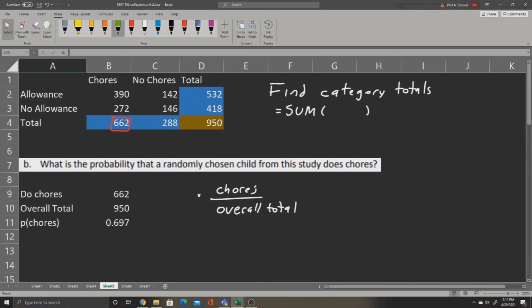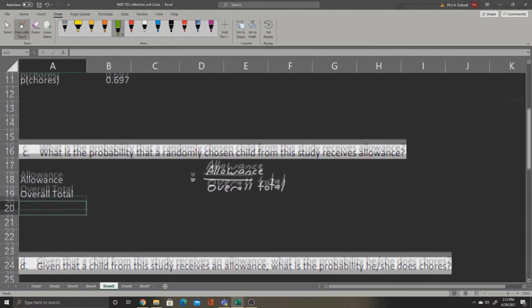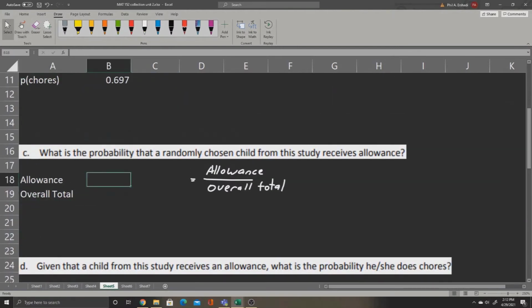Our category total for allowance is located in row 2. That will be 532, which is across from the word allowance. As before, our overall total is in the gold box, 950. We enter 532 for the allowance and 950 for the overall total.